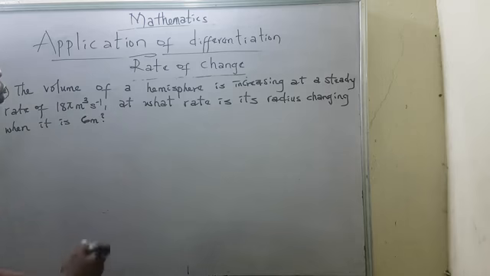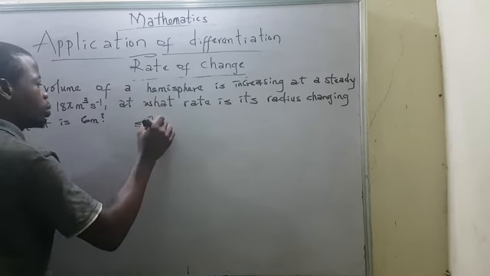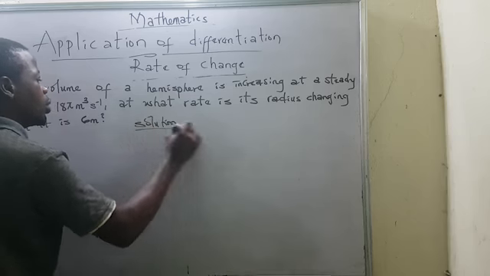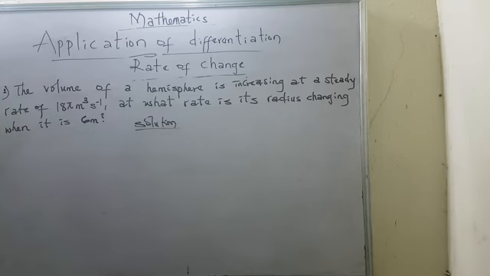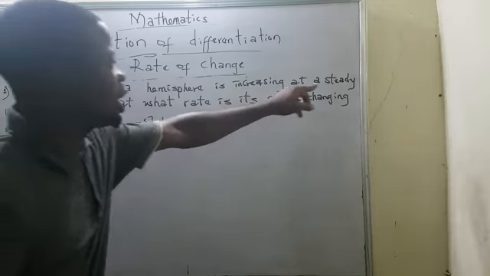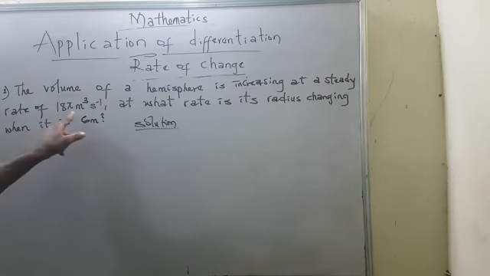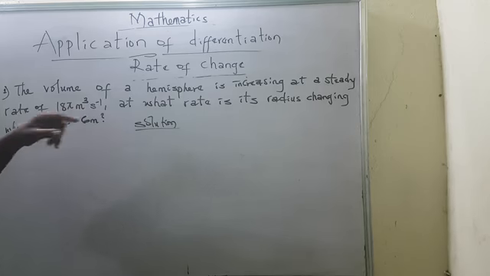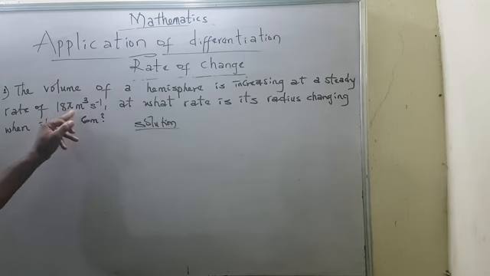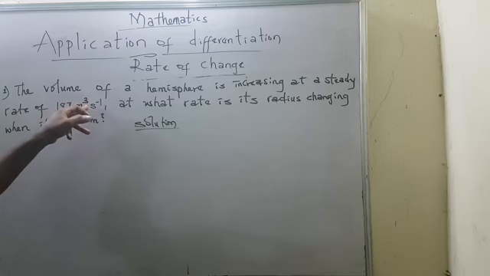Now we solve this. Let's go to the question again. It says the volume of the hemisphere is increasing at a steady rate of 18 pi meter cube per second. This is meter cube, this volume, right?